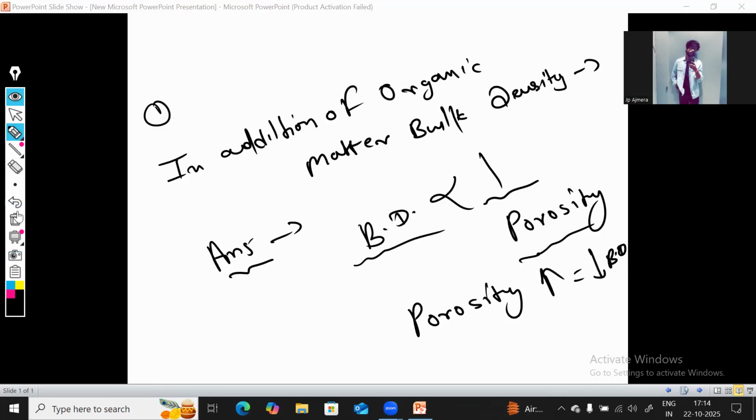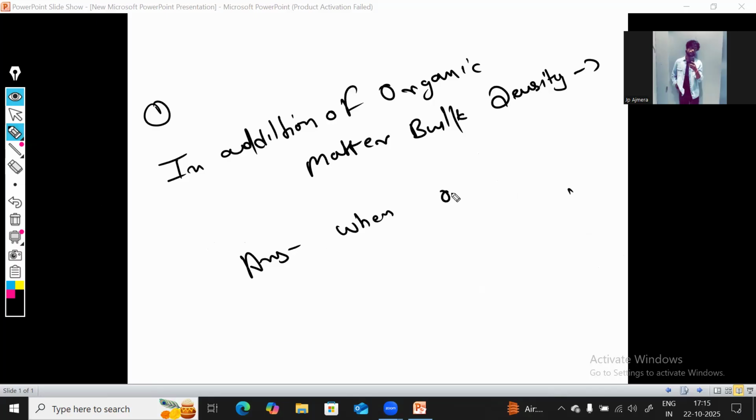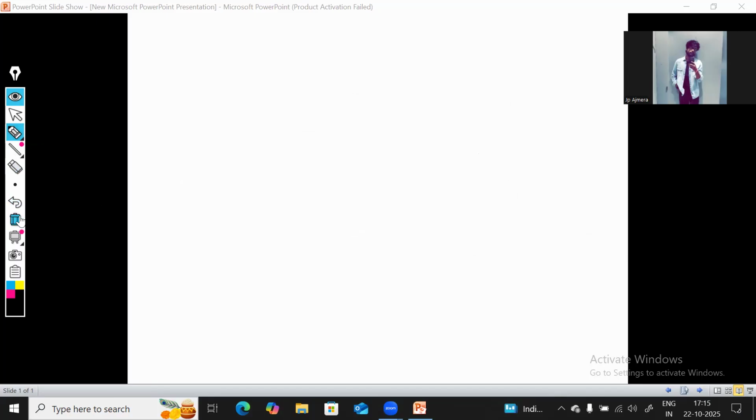So the answer is pretty simple. When we add organic matter in the soil, then porosity also increases, so BD decreases. That is the relationship that we already discussed in the videos. Right? So the first question on the board is wiped out.